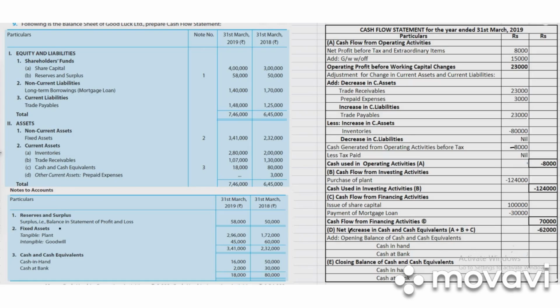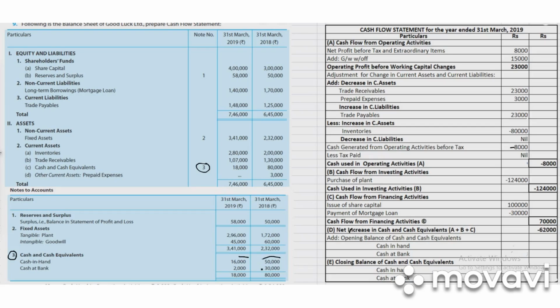You can see in the cash and cash equivalents, note 3 is given. So here note 3 is given in detail. You can see cash in hand, cash at bank, and opening. Just a moment, this is the closing.